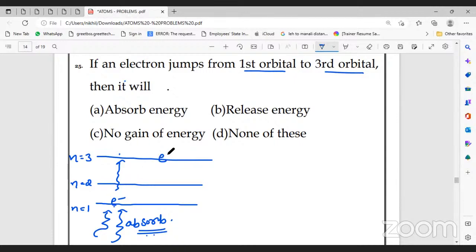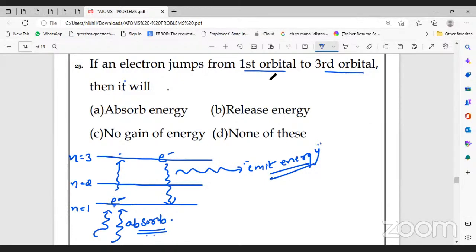If the same electron is coming from the third orbit to the first orbit, it will emit the energy. Energy is emitted when the electron jumps from a higher orbit to a lower orbit. The electron absorbs the energy when it moves from the first orbit to the third orbit.